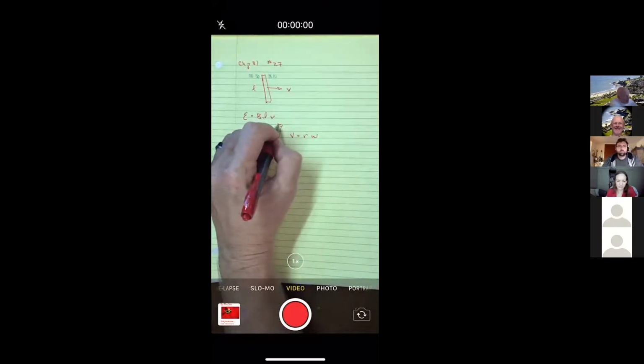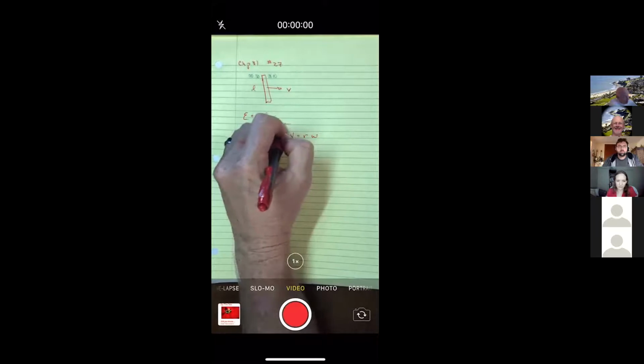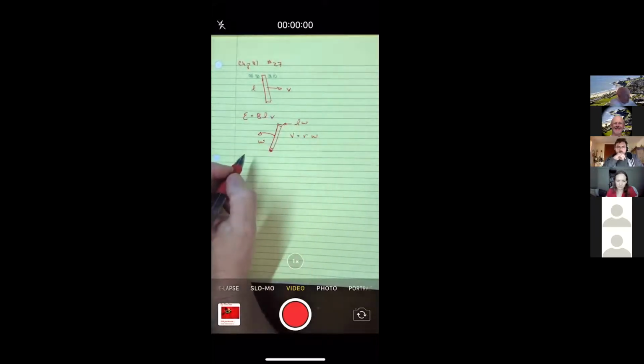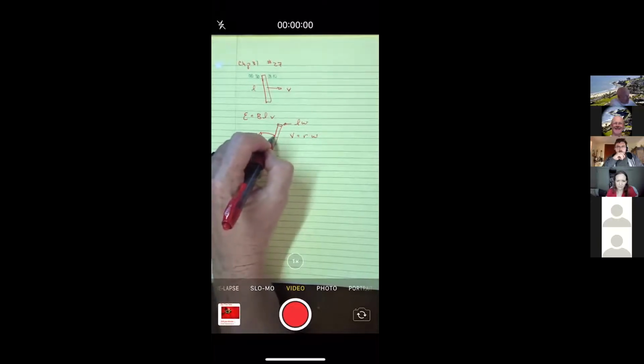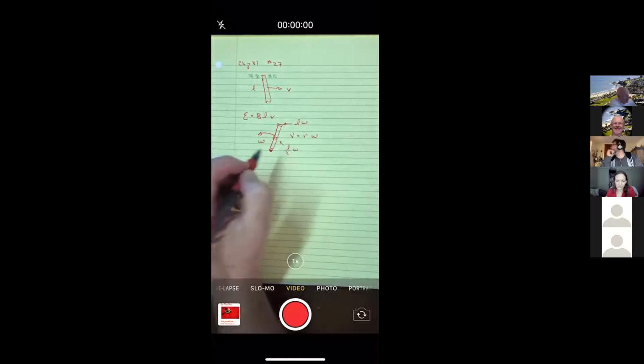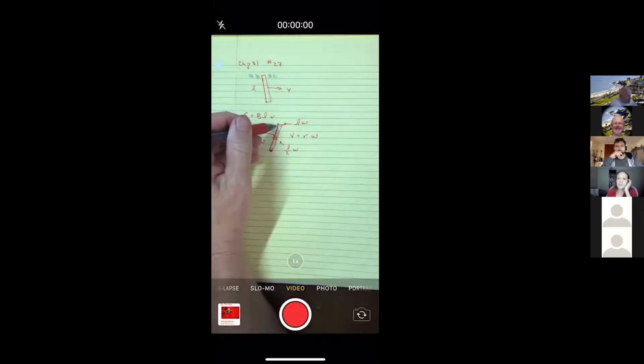But this part out here would be moving with the length of the rod times the omega. And of course, halfway in between would be L over 2 times omega. So each of these little pieces would move at a different speed.